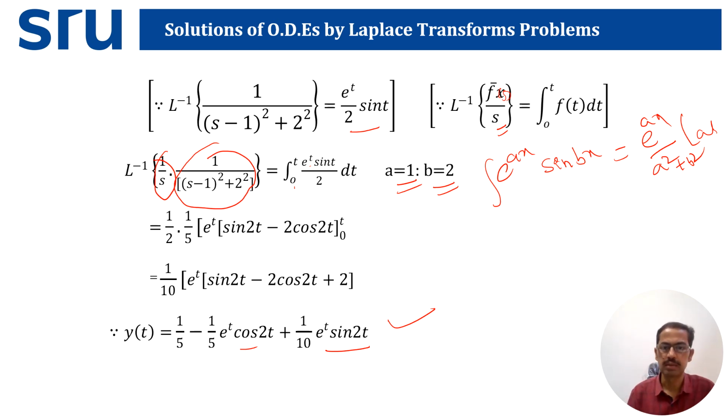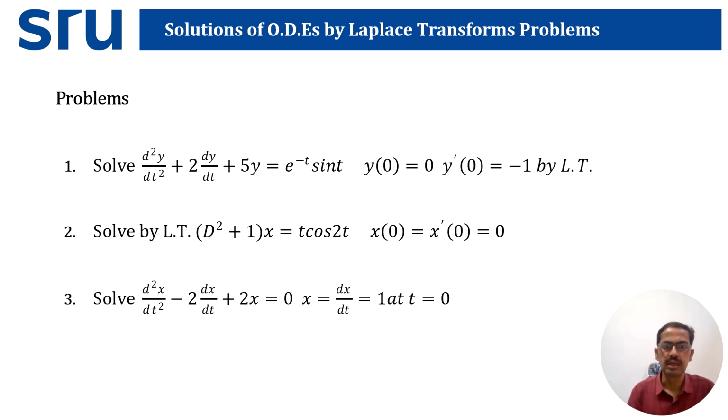You know already the Laplace transform: f bar of s by s is the integral from 0 to t. Right? This is about the solution of the given differential equation. Similarly, we can solve differential equations by using the Laplace transform method.